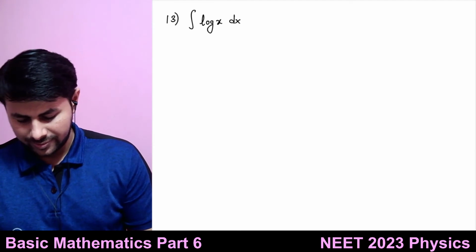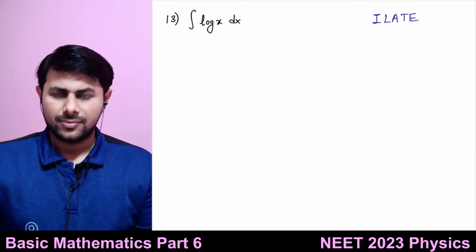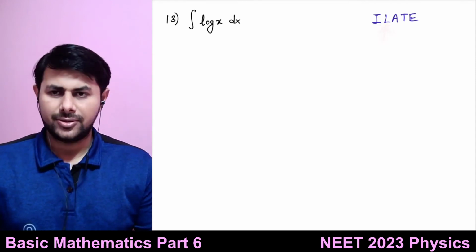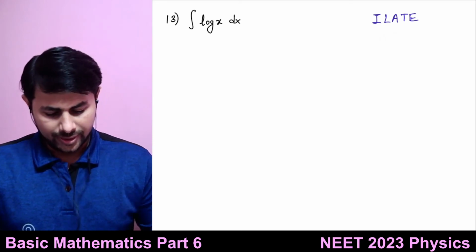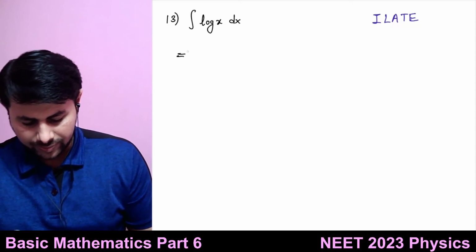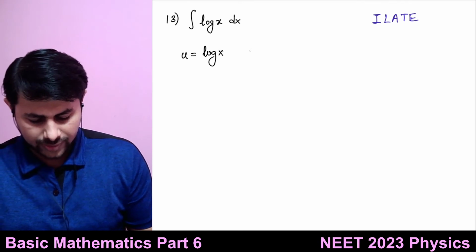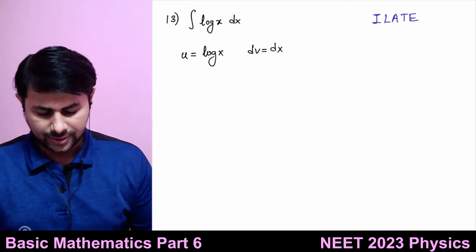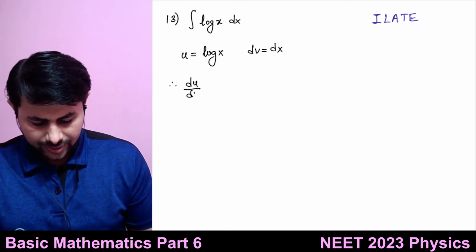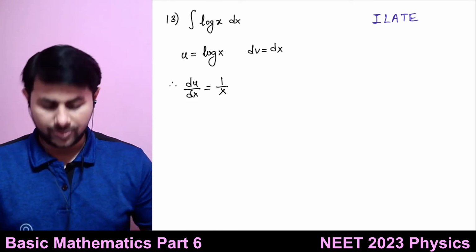Next one, log x dx. Now again, where is the log? Second one. So this is my u, and algebraic is v. So let's write u equals log x and dv equals dx. Therefore du by dx is 1 upon x, and du equals 1 upon x dx.